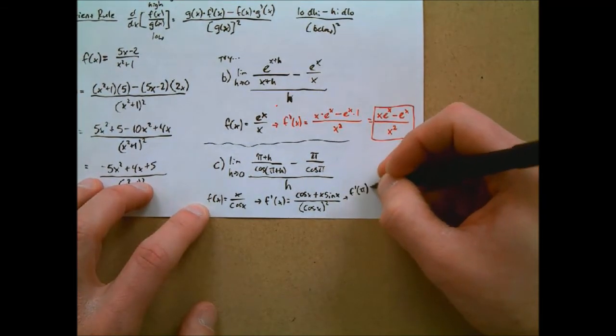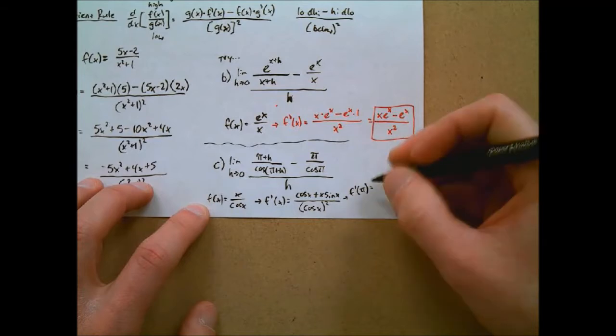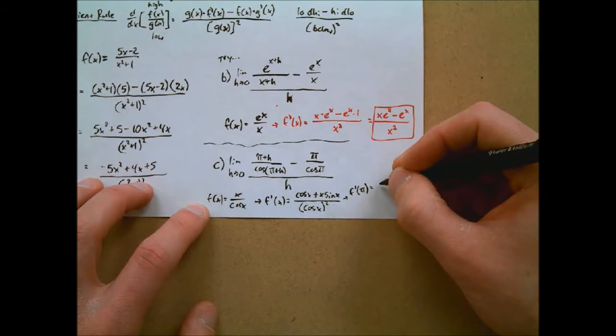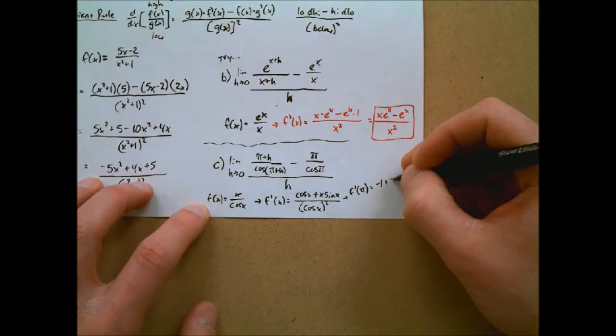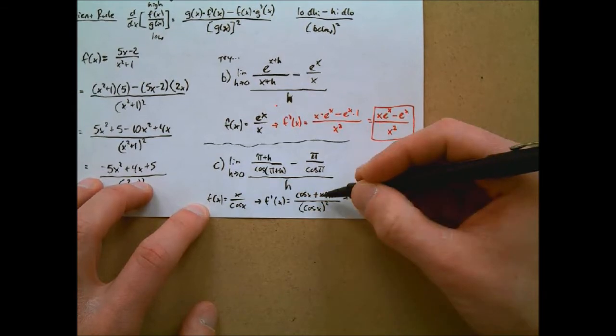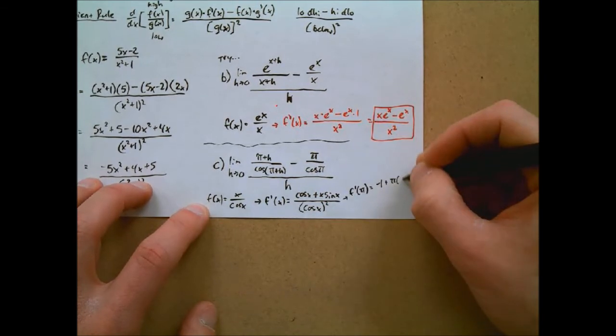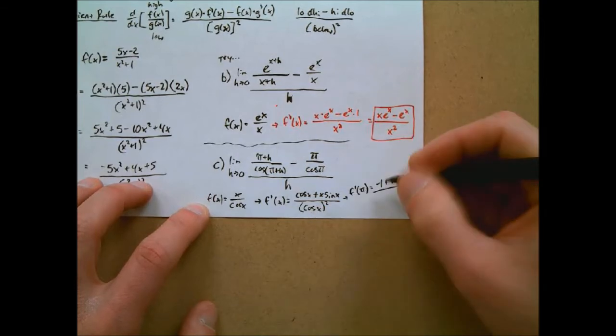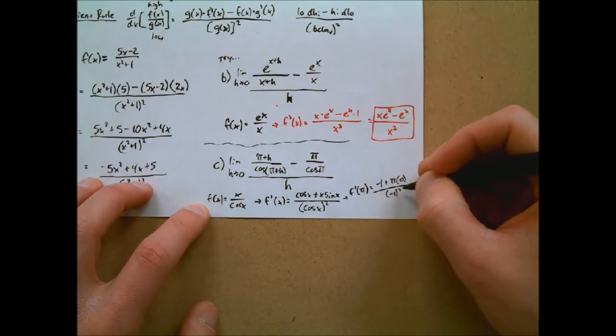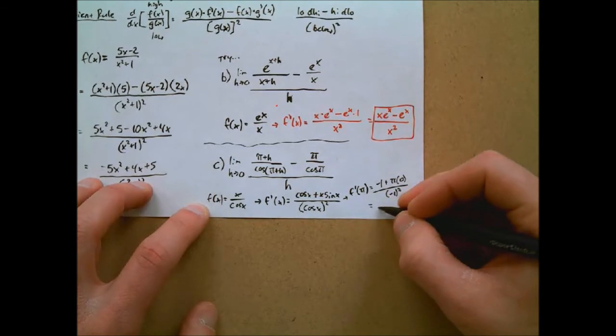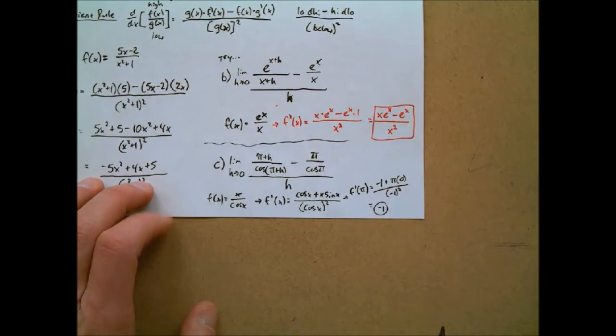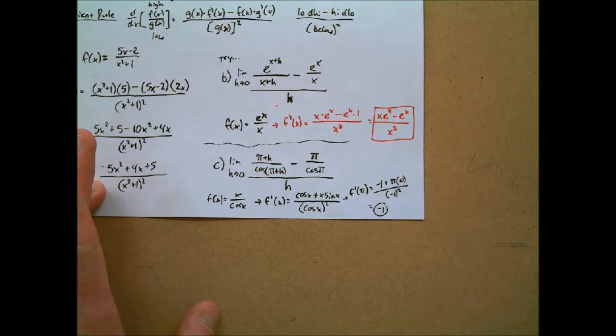So cosine of pi is negative 1, and then x is pi. Sine of pi is 0, all over cosine of pi, which is negative 1, but it's going to be squared. So we have negative 1 plus 0 over negative 1 squared, so we get negative 1 as our final answer when you simplify it. Good job. You got the first one right.